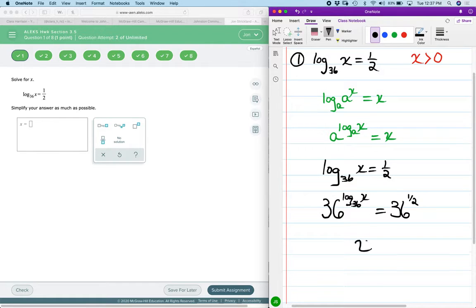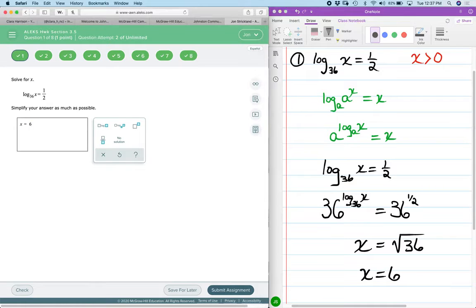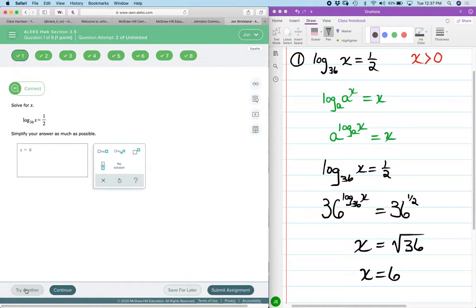That is going to go to x. Now for 36 to the 1/2, that is going to be the square root of 36. So for the outcome, we have x is equal to 6, and upon checking, the result is correct.